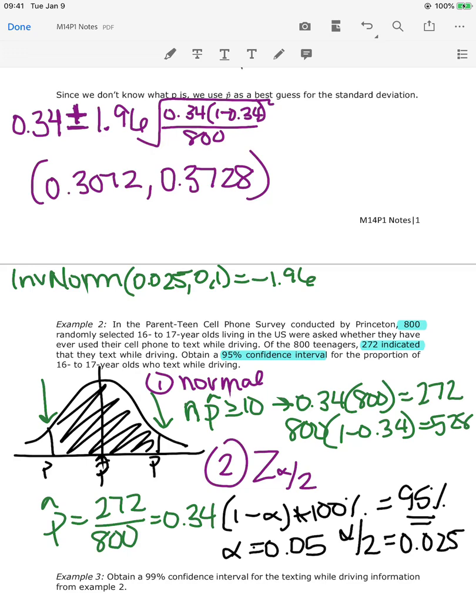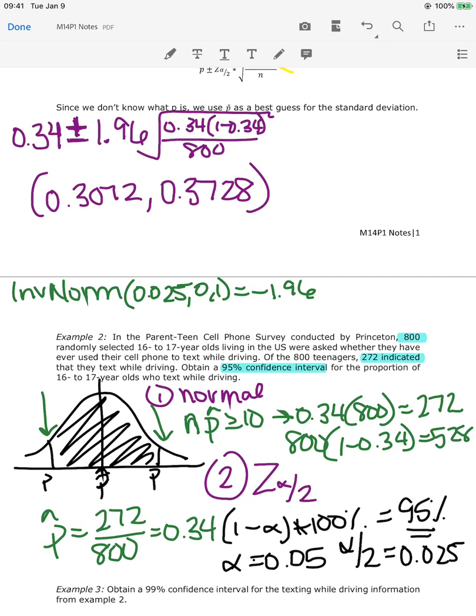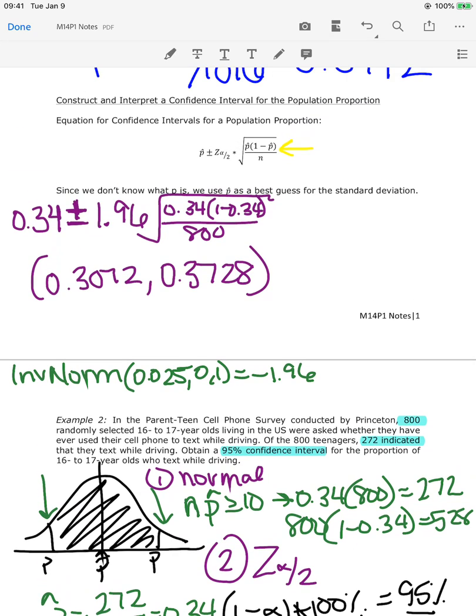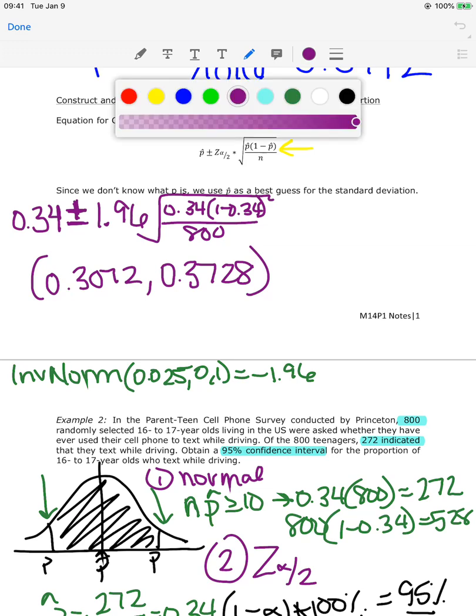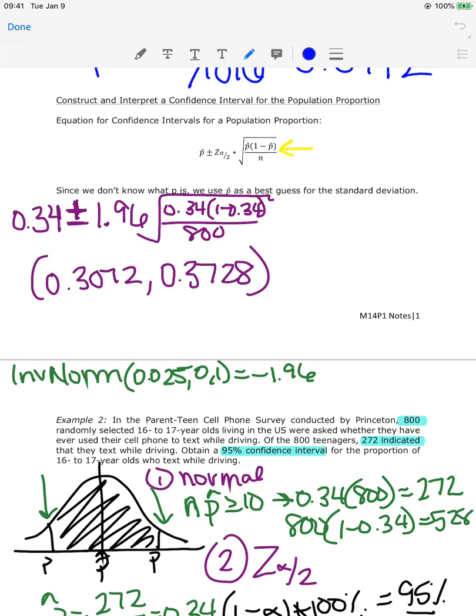Okay, so a couple of more pieces of information before we do the interpretation of this. This piece of the equation right here, this 1.96 times the standard deviation, this is called the margin of error. And it basically says, hey, I think that my p hat is wrong, and this is how wrong it is.